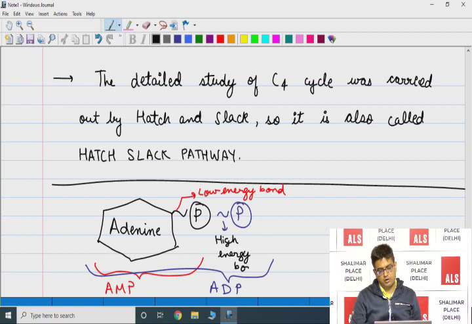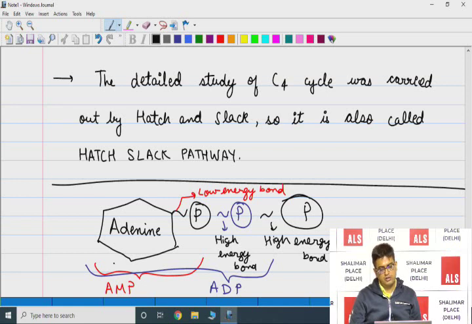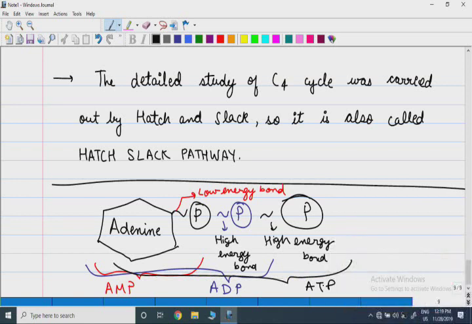Then there is a third phosphate bond. It is also a high energy bond. Bond energy of second and third bond is equal. Now you call it ATP.